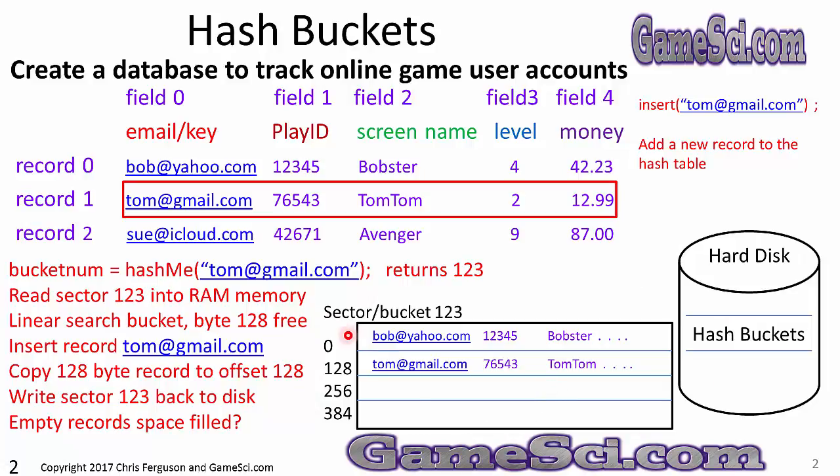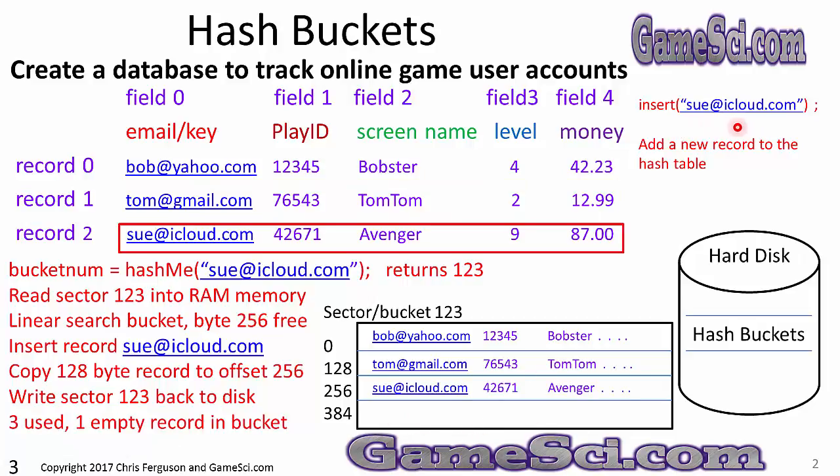Record 0 is occupied, so we'll get down to byte 128, and there's a free space. So we'll insert record tom@gmail.com at byte offset 128 in the record. Once that is inserted, we'll write sector 123 back to disk. Empty records should be space filled. No data in here, it should be entirely space filled.